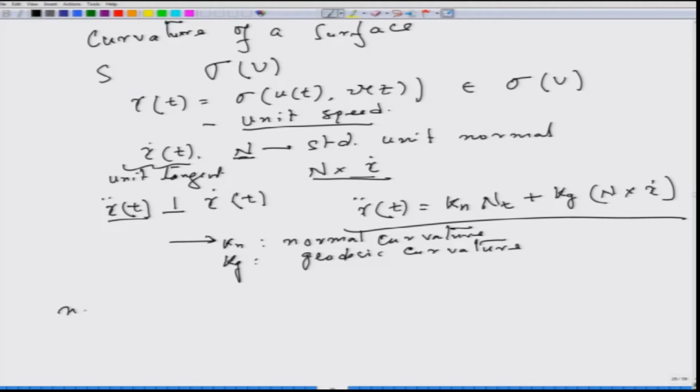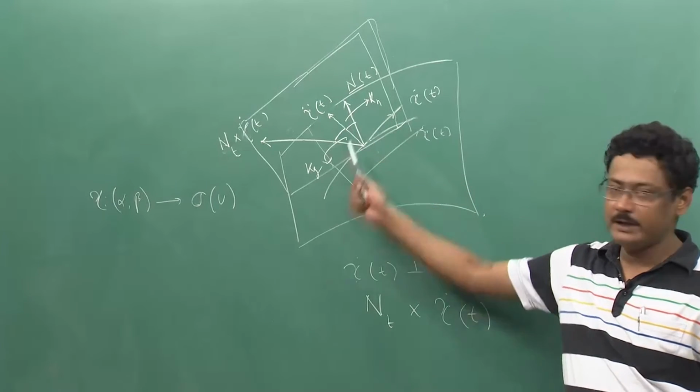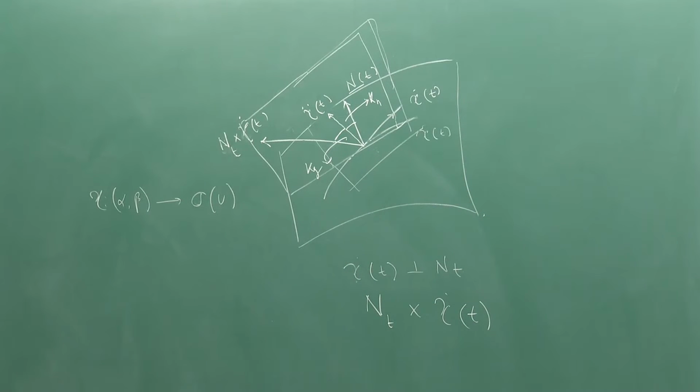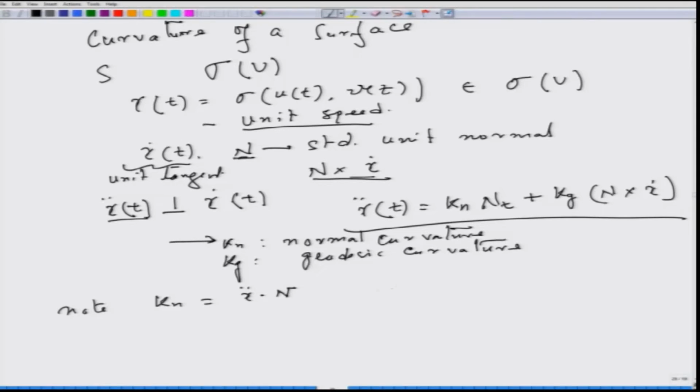Just note, normal curvature from this relation can be obtained by gamma double dot(t) dot product n, that is the angle, right. These are all unit vectors, so this is the angle. And geodesic curvature is equal to gamma double dot product with the other vector.